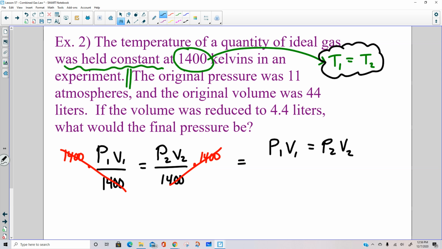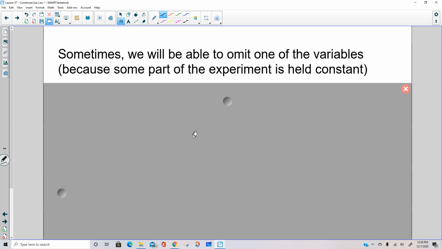So that's pretty cool. I'm going to hop over a couple of slides so you can look at this. You can write it down if you want, but as long as you understand it. Let's read together. Sometimes we will be able to omit one of the variables because some part of the experiment is held constant.